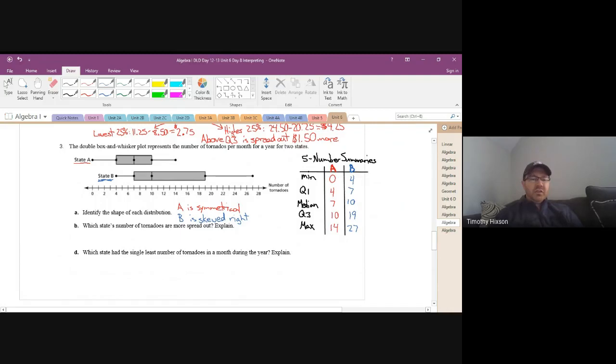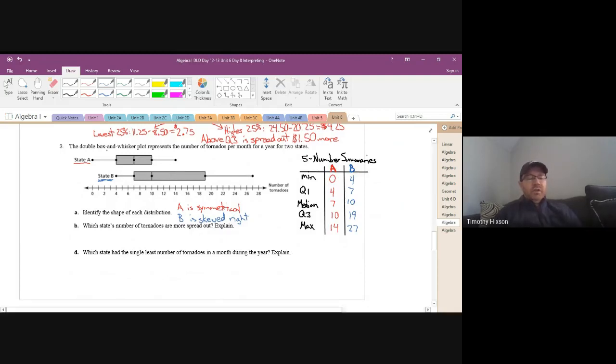So if you actually look closely here, you can see the middle 50% for state A is actually the same as the bottom 50% for state B. So state B clearly has significantly more tornadoes on average than state A.